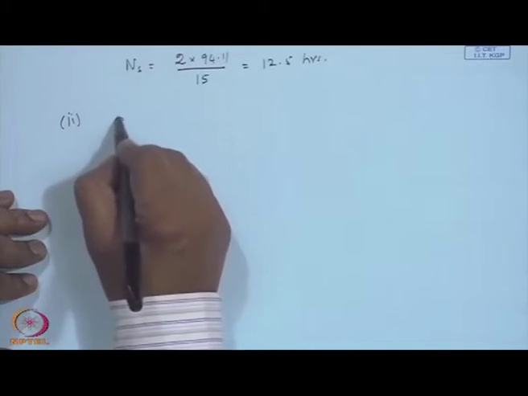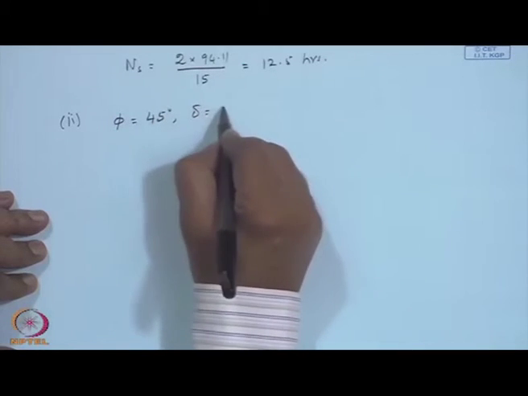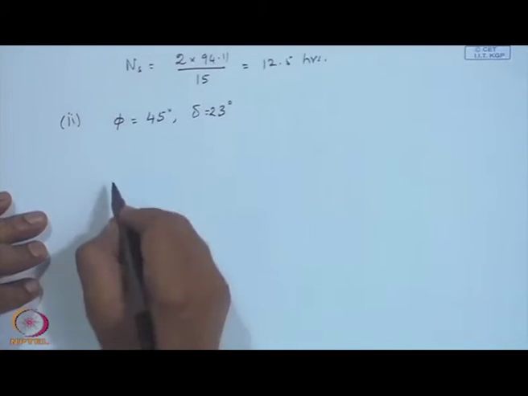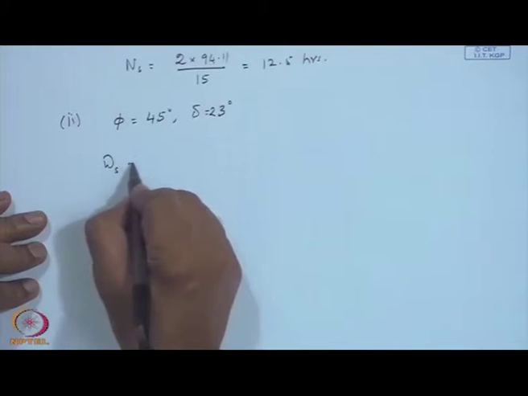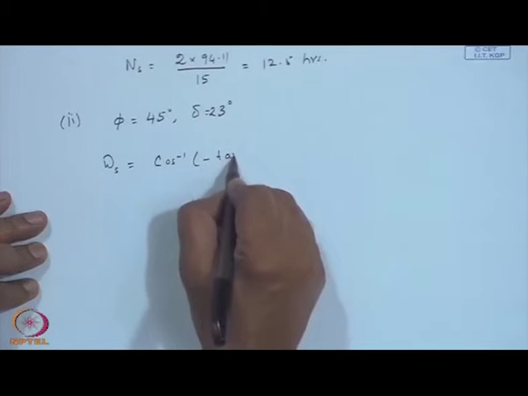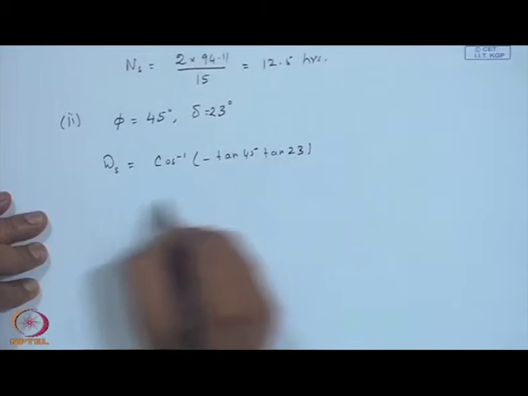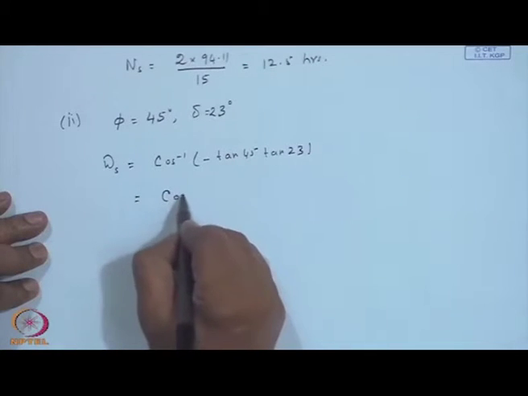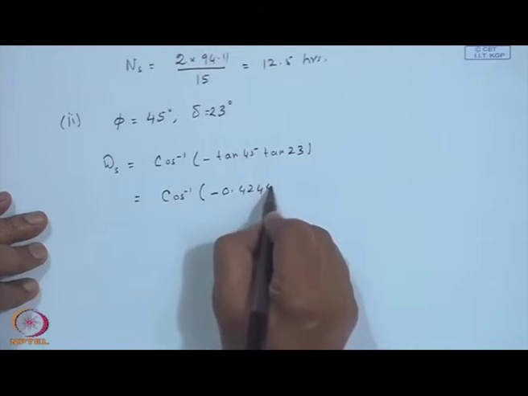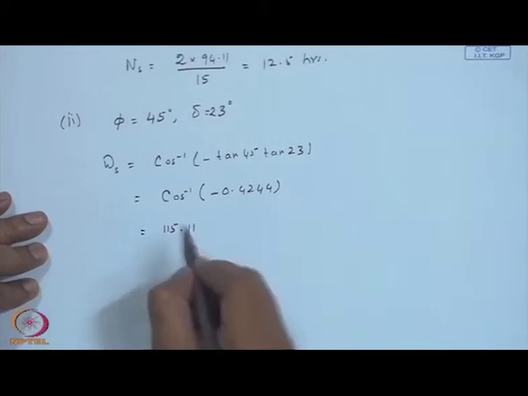is a higher latitude of 45 degrees and declination also high, which more or less corresponds to June. Omega s will be cosine inverse of minus tan 45 tan 23, equal to cosine inverse of minus 0.4244, which is 115.11.